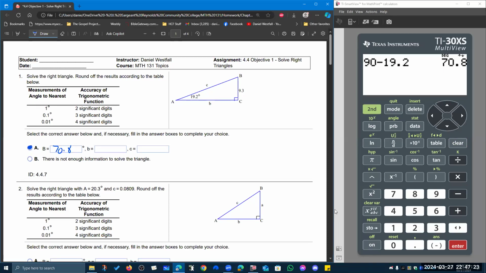And then our sides, if measured to the nearest tenth, should go to 3 significant digits.